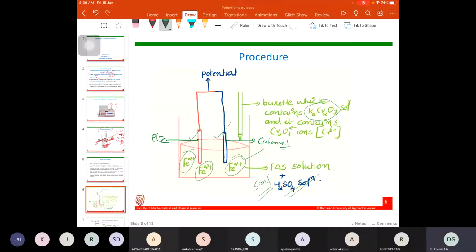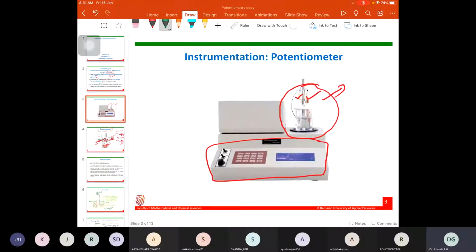Then we can measure the potential difference between platinum electrode and calomel electrode with the help of a voltmeter, and that value we can measure if we are attaching a voltmeter. So in the instrument, that voltmeter is attached in this unit. Okay, voltmeter will be inside this unit. You will not be able to see it. Only the measurement we will be able to see. Okay.